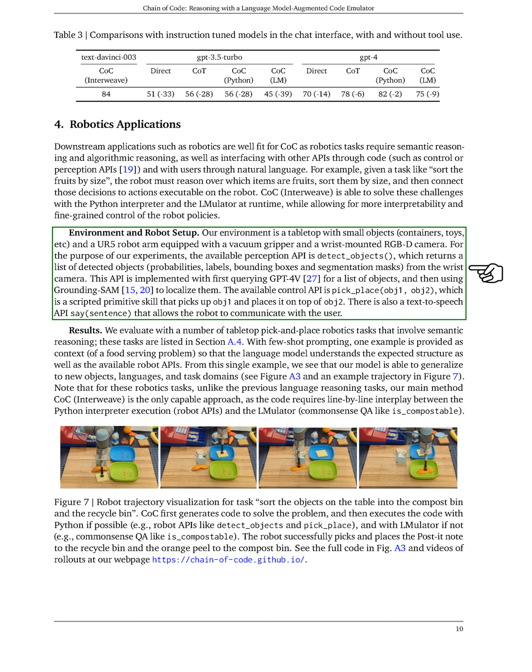We used few-shot prompting, providing one example as context so that the language model could understand the expected structure and the available robot APIs. From this single example, we found that our model could generalize to new objects, languages, and task domains. It's important to note that for these robotics tasks, our main method, CoC interweave, was the only approach that worked, as the code required a line-by-line interaction between the Python interpreter execution, robot APIs, and the emulator.